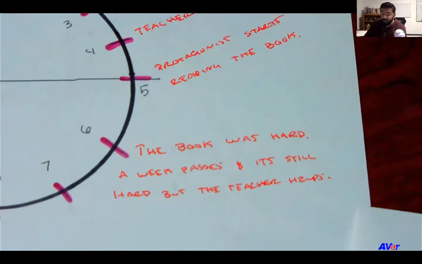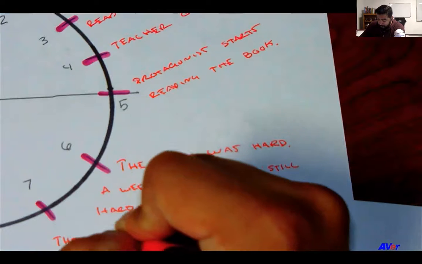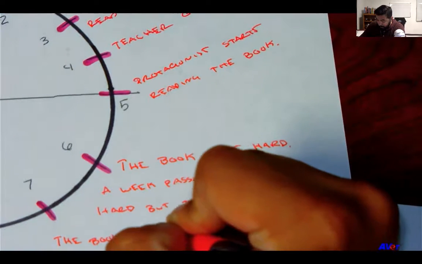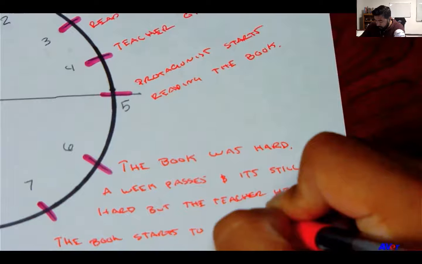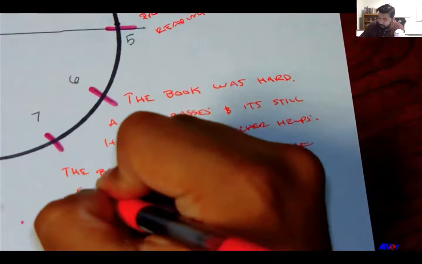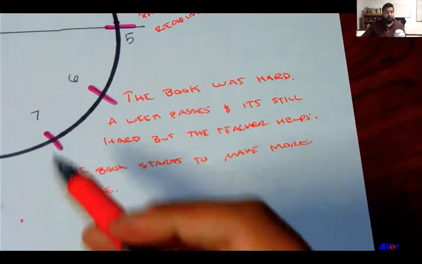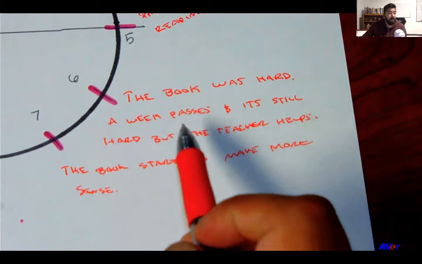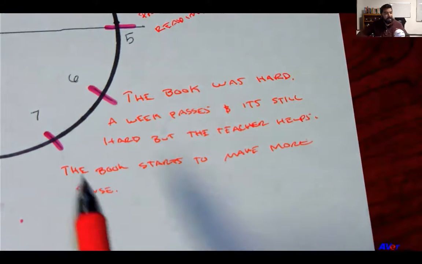So in this case, number 7 is the book starts to make more sense. I'm now equipped with skills. I now have a mentor who's teaching me reading strategies and how to be a better reader. She's giving me resources.